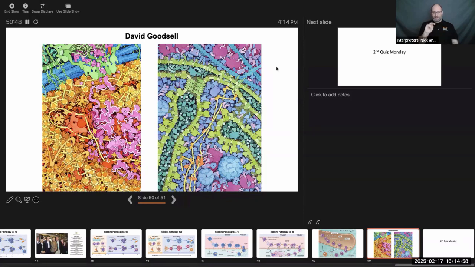I don't know exactly what his thought process was in picking these particular colors, but number one, they're kind of cool. They're bright, vibrant, fun to look at, and the use of color does help you distinguish one molecule from another. Beyond that, I'm not sure what other thought process he had.